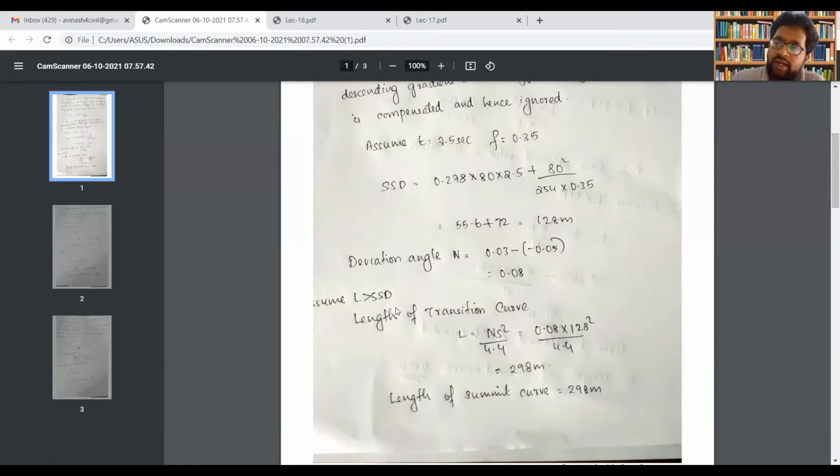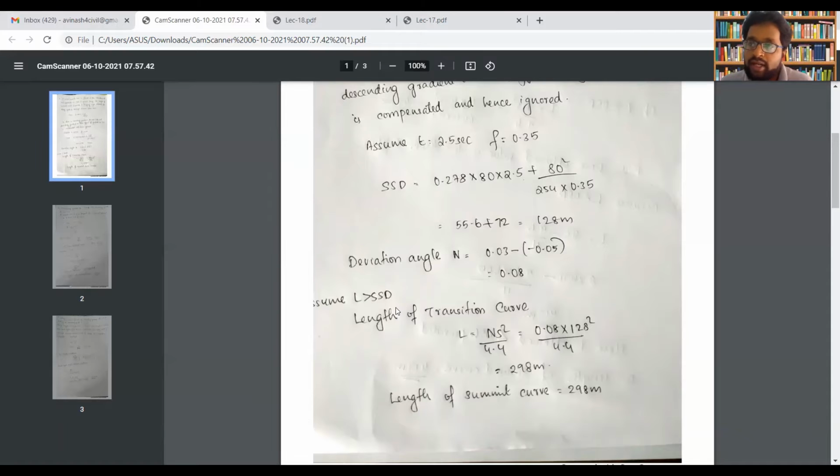You can assume either condition. If your assumption is L greater than SSD, after getting the L value, compare it with SSD. If the value obtained is lesser, which is against our assumption, you have to rework.